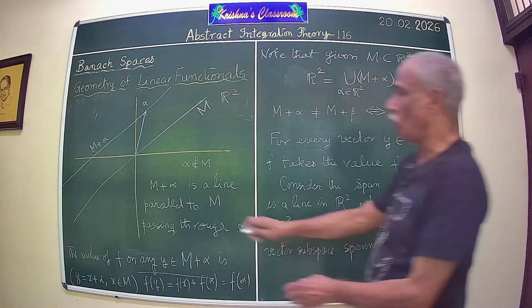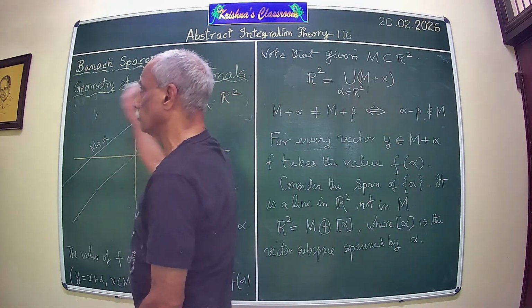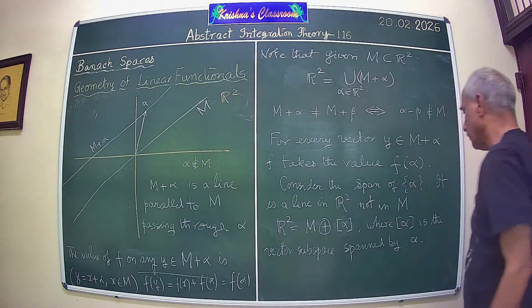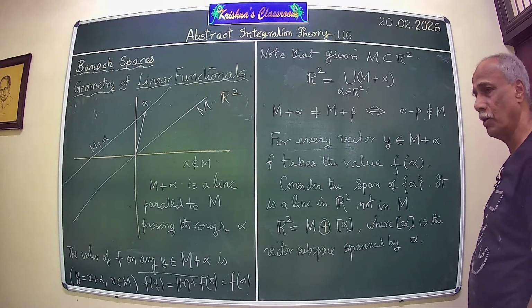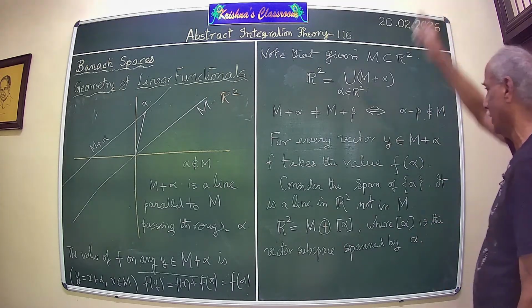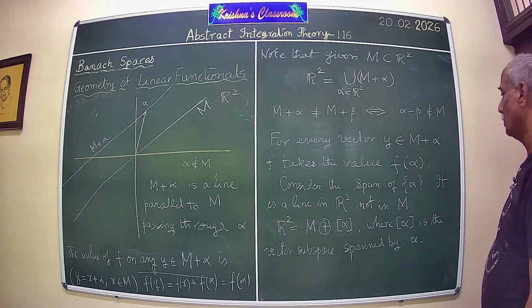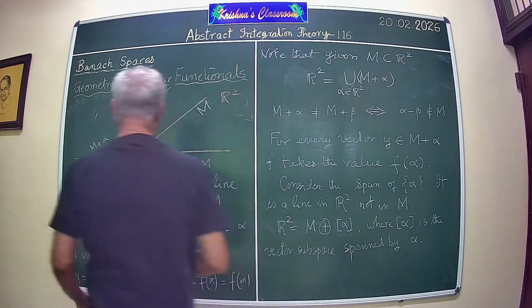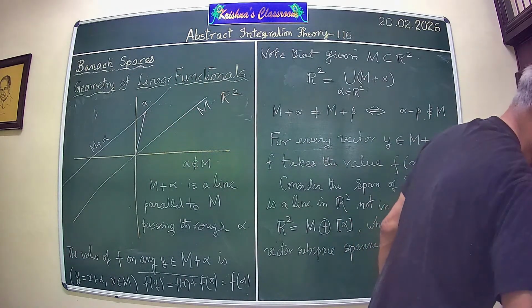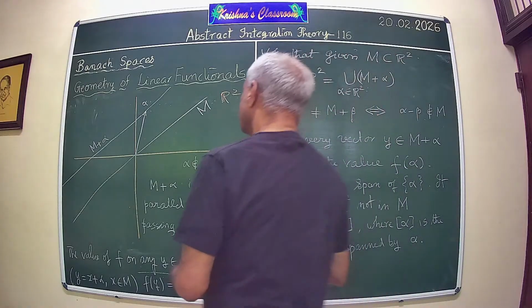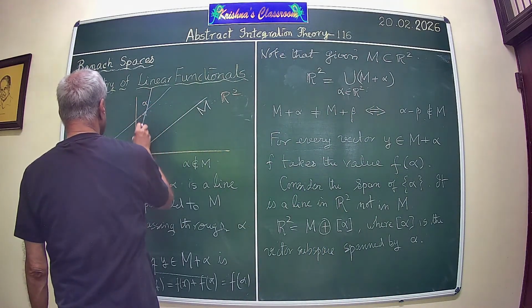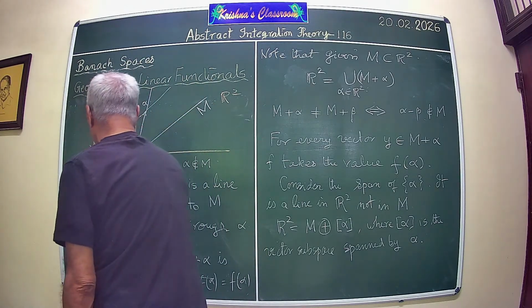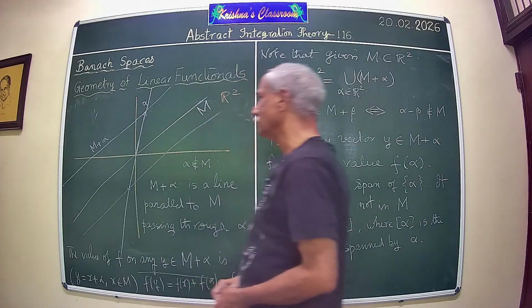So you get all lines parallel to M by taking different values for alpha. So you see through each point there is a unique parallel. Okay.